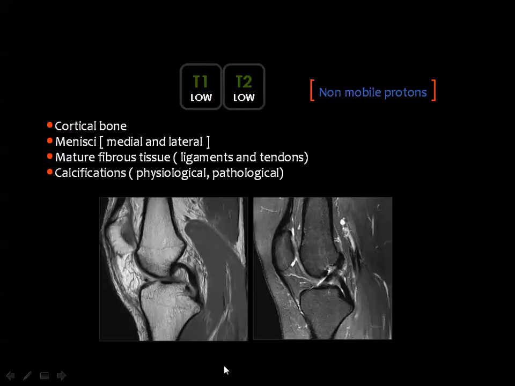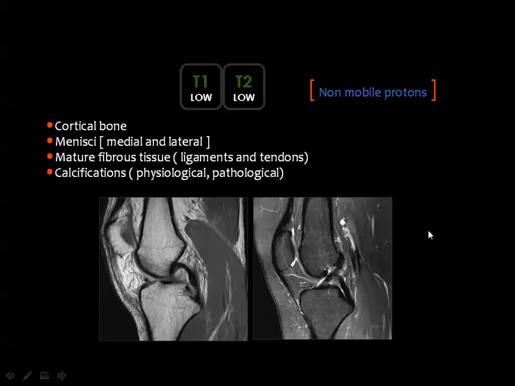Then what are the structures that will show dark signal in the T1 and T2 weighted image? These are the structures which contain non-mobile hydrogen protons, and these are constant all over the human body, including the cortex of the bone, the mature fibrous tissue, ligaments and tendons, like this cruciate ligament and the quadriceps, and calcification, whether physiological or pathological.